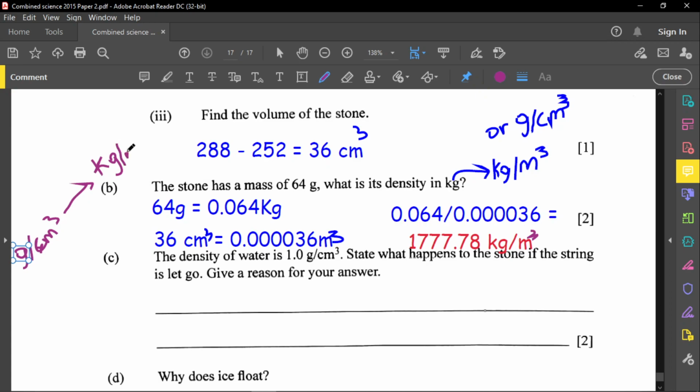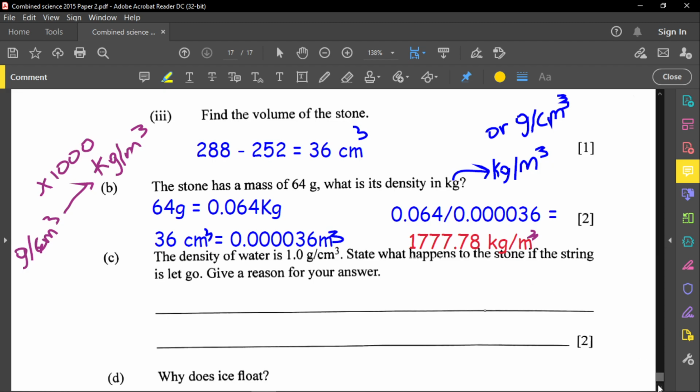So once you find the density in grams per centimeters cube and you want to do that, all you need to do is just to multiply by 1,000. All right. So that's another short way to do it. So just work it out first in grams per centimeters cube, then multiply by 1,000. That will be your answer, right? Okay, that's another way.